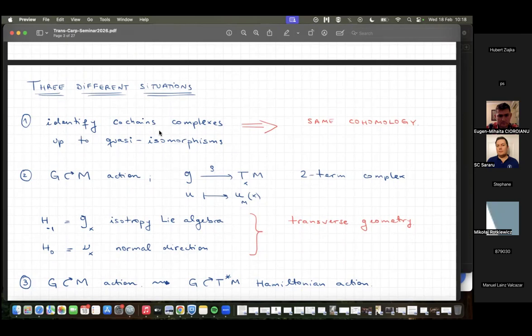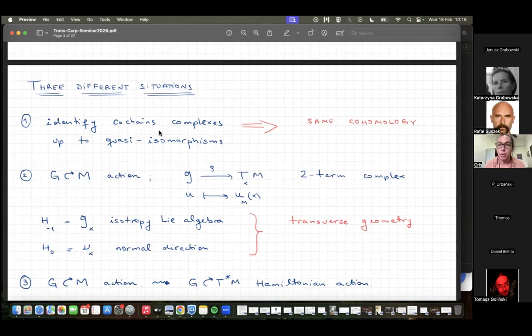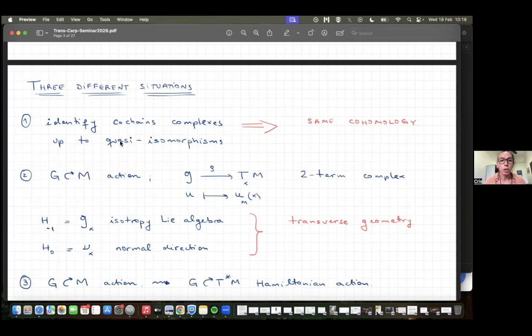And usually to see this information, we have to look at the cohomology of the complex. Given two complexes, we want to identify them if they have the same cohomology. One can do that by introducing the notion of quasi-isomorphism of complexes, and quasi-isomorphic complexes have the same cohomology.